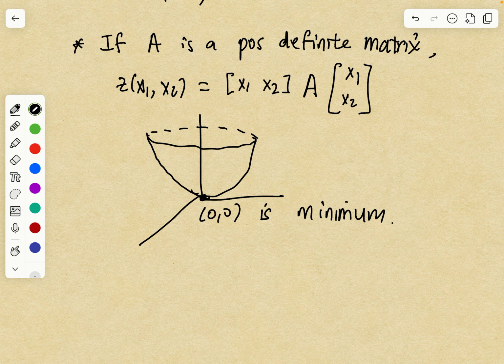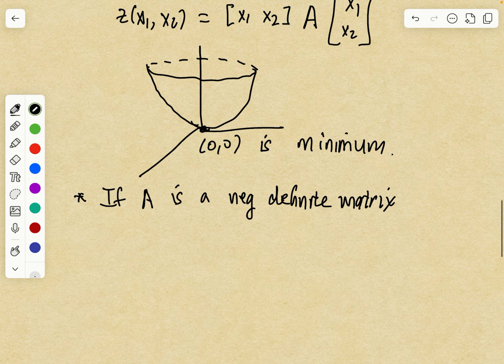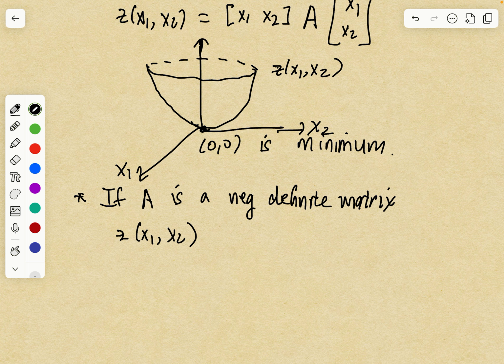Okay. If A is a negative definite matrix, then the corresponding quadratic form, which we defined above, z of x1, x2, has a graph like this. Okay, this is the x1 axis, that's the x2 axis, this is the z axis.